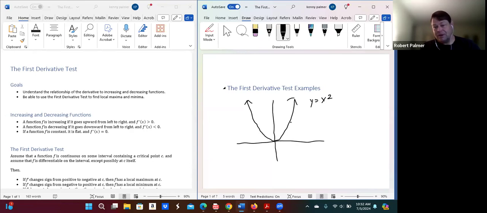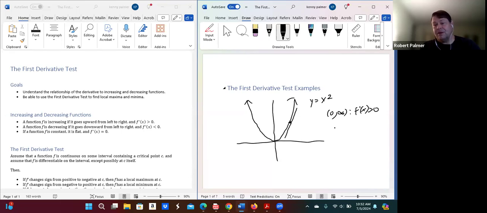It's going up from left to right. Think about a tangent line right here. It's positive. So on this side, from 0 to infinity, f prime of x is positive, it's greater than 0.